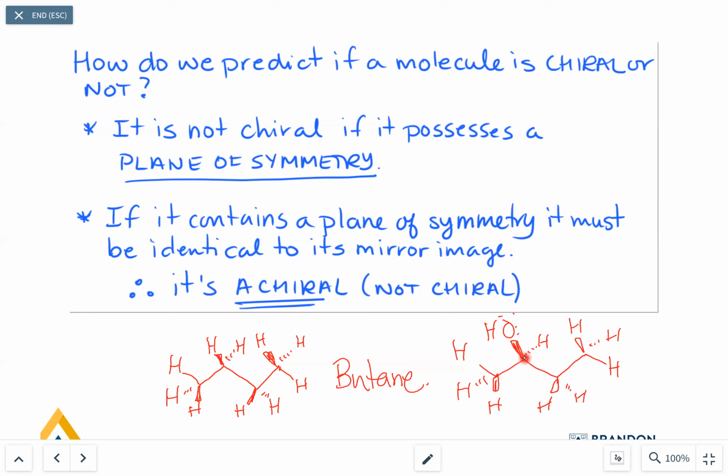And if we look at this carbon here, it now has 4 different substituents. It's got an ethyl group, a methyl group, a proton, and a hydroxyl group. So that's 4. And so this guy here is indeed a chiral molecule, and it will have a mirror image that is non-superimposable. It's an enantiomeric pair, so to speak.